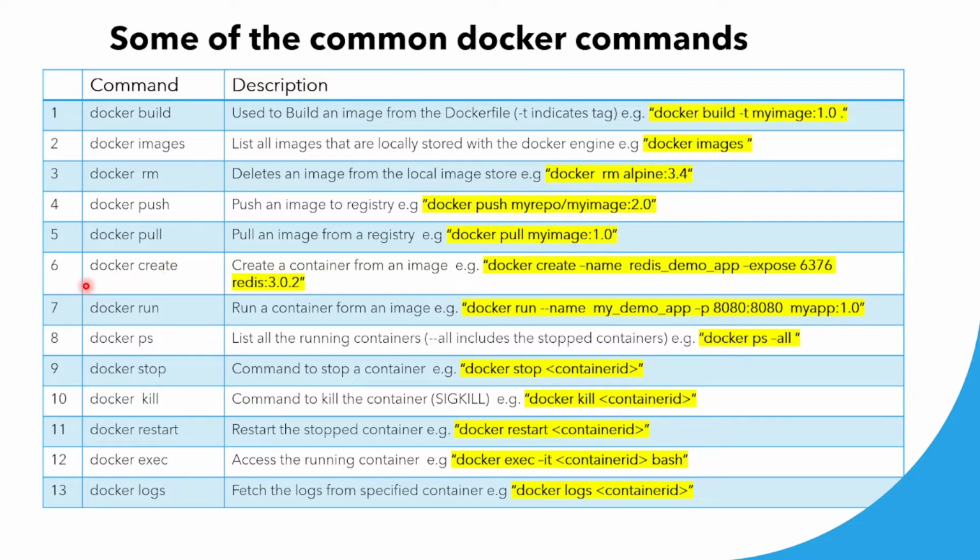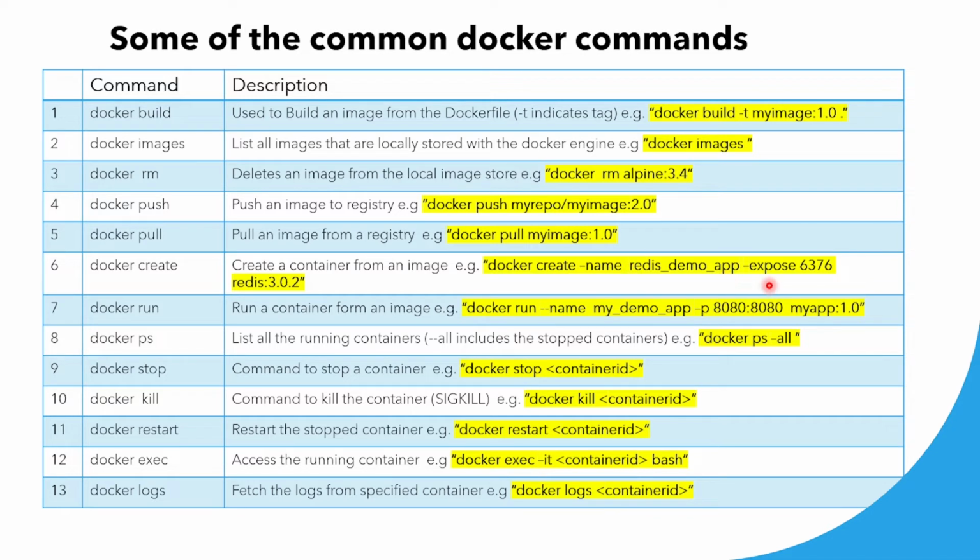And the next command is docker create. It creates a container from an image. The example command is docker create hyphen name. That's a tag which you have to use. And redis demo, this is the name of the application. When you say hyphen name is a tag, it indicates that you are going to name this container.